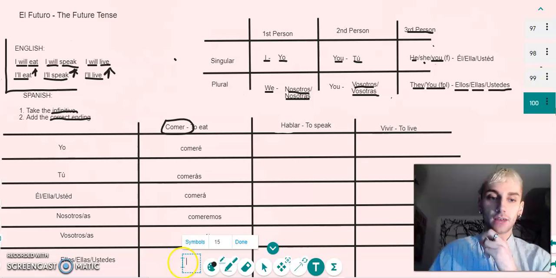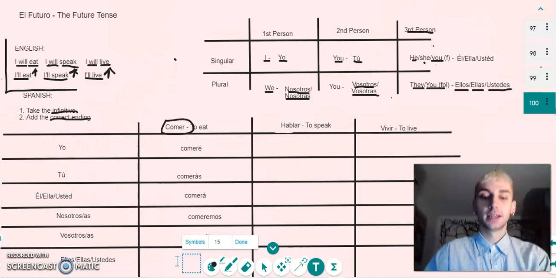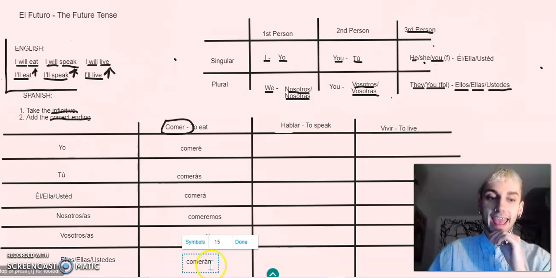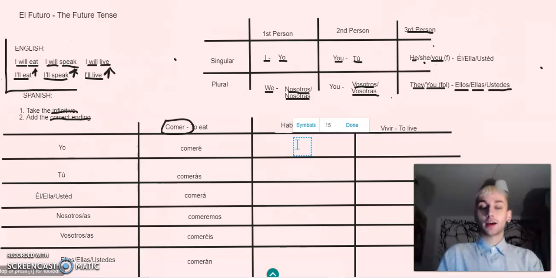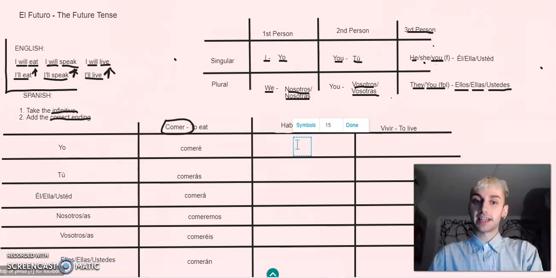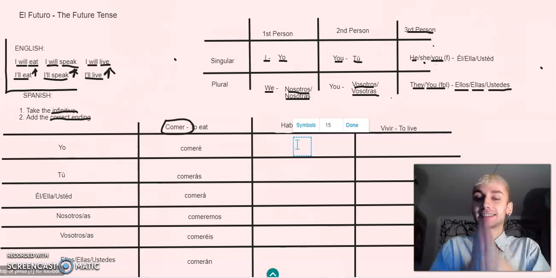Finally, we have ellos, ellas or ustedes, meaning they, male, they, feminine, ustedes, this formal you again, which would be comerán. Here we have comerán, A-N. The good thing about the future tense in Spanish is that the endings don't change. It's the same for ER verbs, the same for AR verbs, and the same for IR verbs.